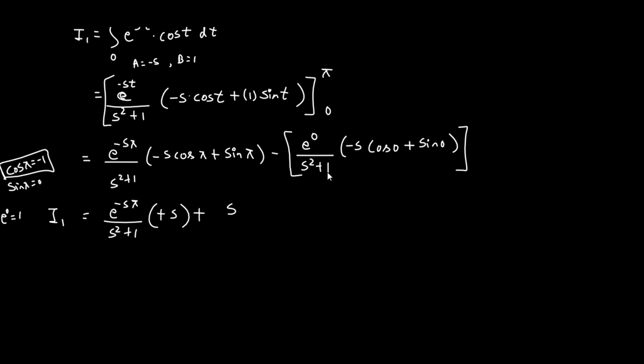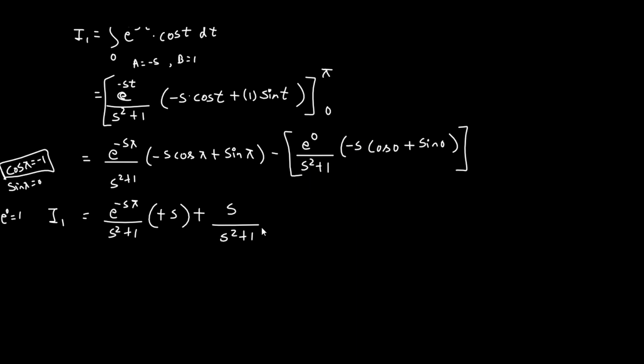So this is s upon s square plus 1. Okay, so sin 0 is 0 and cos 0 is 1. So this part is 0, so we get minus s, and minus s gets plus s.